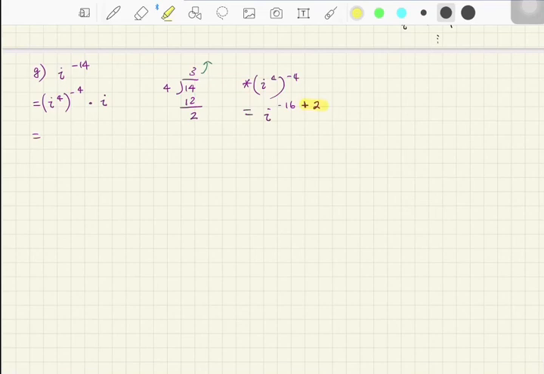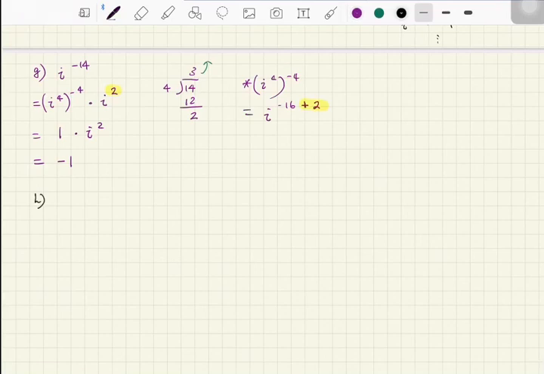Because of adding the 2, I can write i to the 4th power to the negative 4 times i to the positive 2, i squared. Again, i to the 4th is 1, so it's still 1 times i squared, which is negative 1.